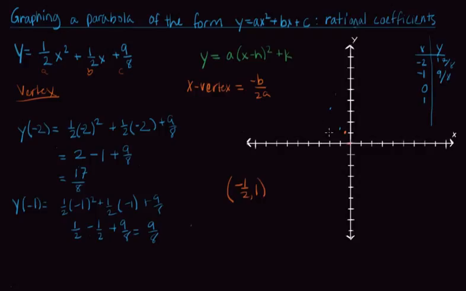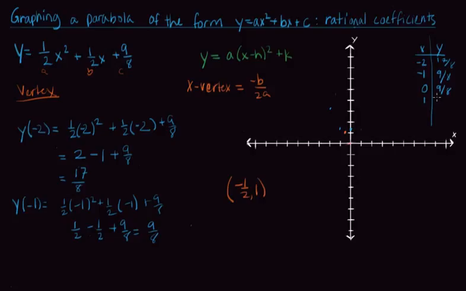And then y of 0 should just be 9/8, right? Because if we put in 0, we'll just get 9/8 left. So that's good because the symmetry says that that's what it should be.